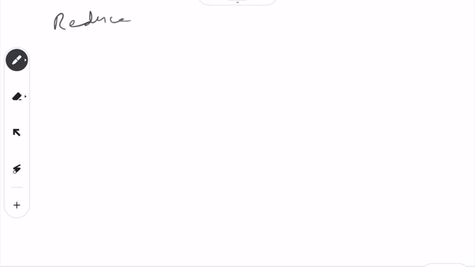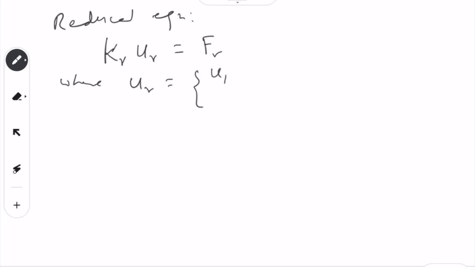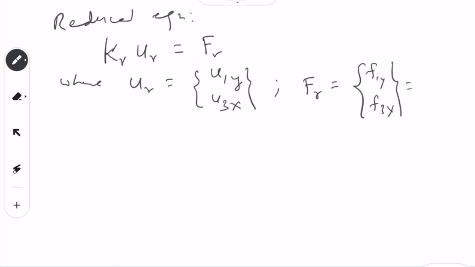So we are interested in just these two. We can write the small, reduced equation, let us call it K_R for reduced, multiplied by U_R equal to F_R, where U_R has just U_1y and U_3x only, and F_R will have the forces F_1y and F_3x, which, as we know, is 22.5 Newton and also 22.5 Newton.